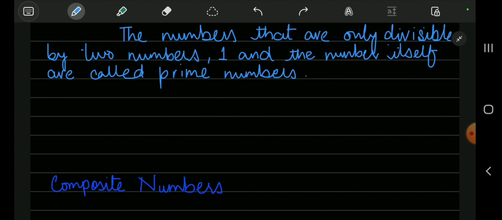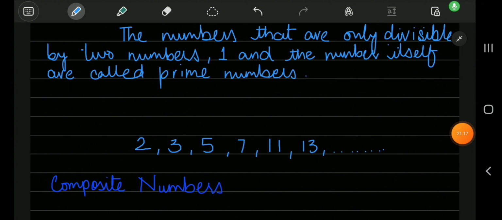But 2 will be a prime number because 2 is only divisible by 2 and 1. 3 is only divisible by 1 and the number itself, 3. 4, not. 5 is also a prime number because it is only divisible by 1 and the number itself. Then after that we'll get 7, not 9, not 10, yes 11, yes 13, and so on.